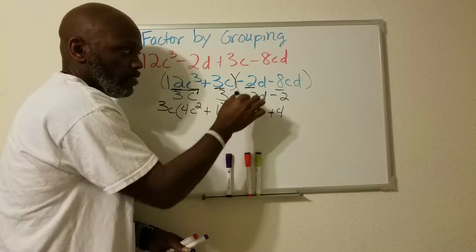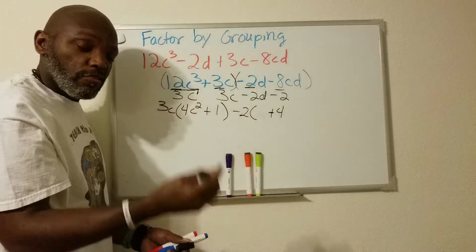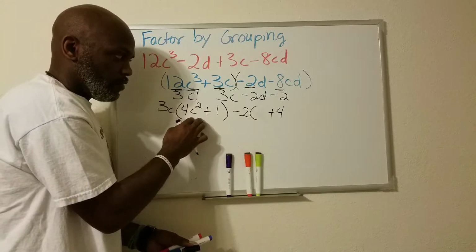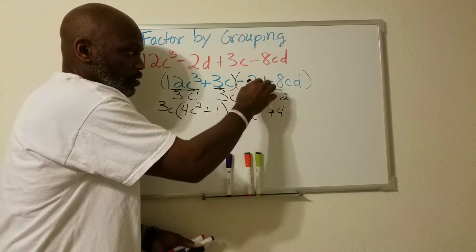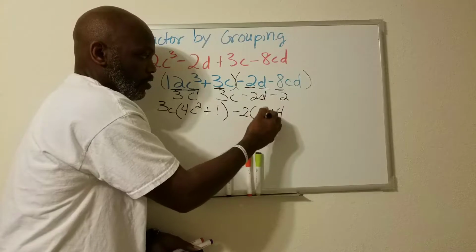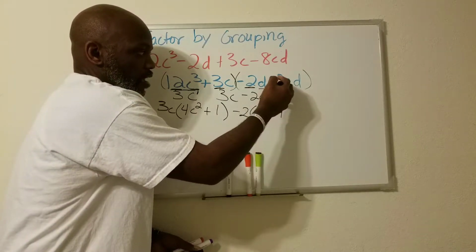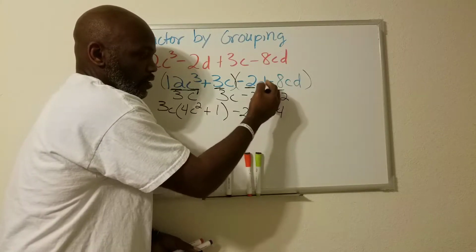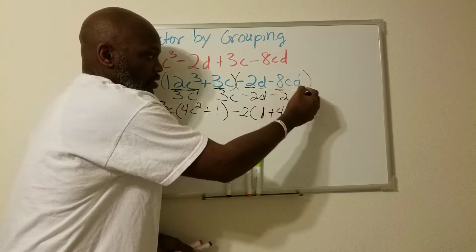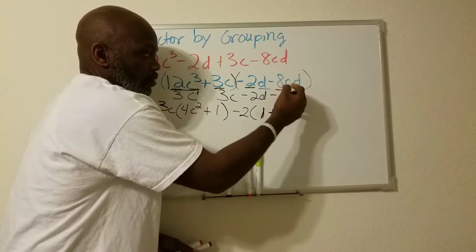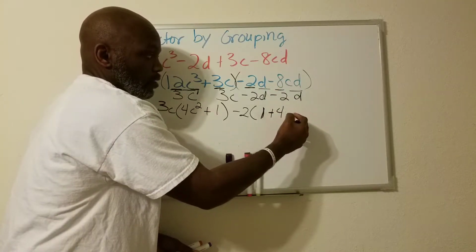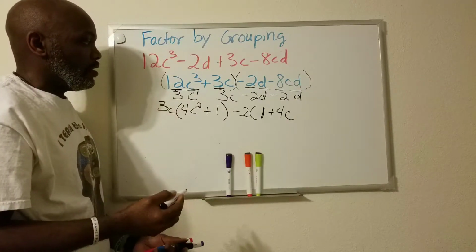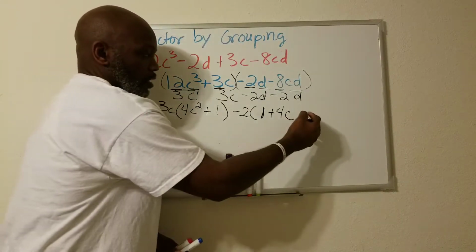Gotta get that right. You see that I make that mistake, and so I have to go back, because I'm looking to see if it's going to match this. So -2d divided by -2d is going to be 1, right? And -8 divided by -2 is 4. But what was in common was this d, so we reduce out the d. And then what's left is positive 4c. So then I look and see, did I write something incorrectly?